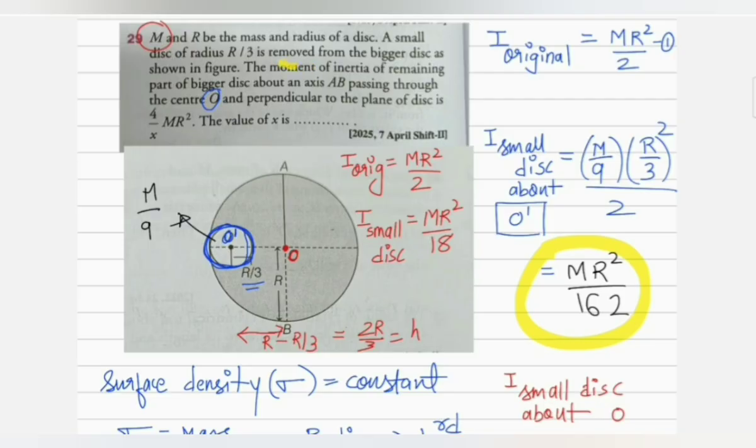So now they are just demanding you the moment of inertia, very important sir, the moment of inertia of remaining part of bigger disk, remaining part students. So can I say moment of inertia of the remaining part will be mr² by 2 minus mr² by 18, बोलो क्या करना चाहिए तुमको, mr² by 2 minus mr² by 18. यहाँ तक सब ठीक है स्टूडेंट्स?